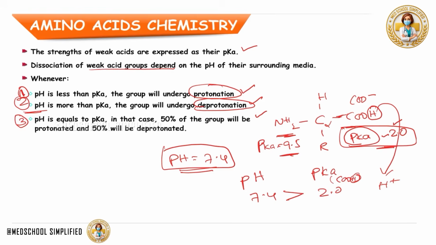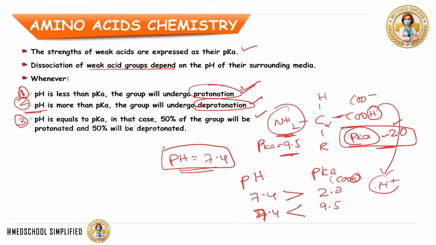Now let's look at the primary amino group. The pK of the primary amino group is 9.5, pH is 7.4, so that means pH is less than pKa. Now let's look at statement number 1. Statement number 1 is pH less than pKa, the group will undergo protonation. So what happens here? The amino group, that is NH2 here, will undergo protonation.